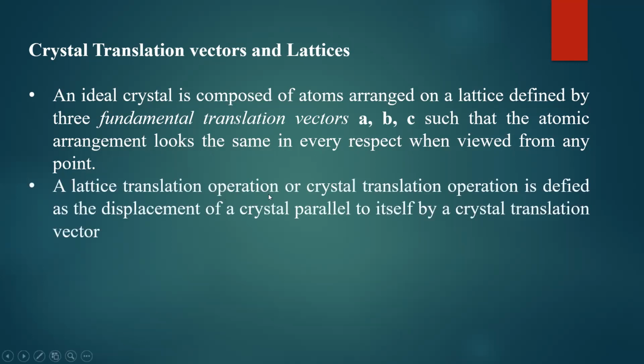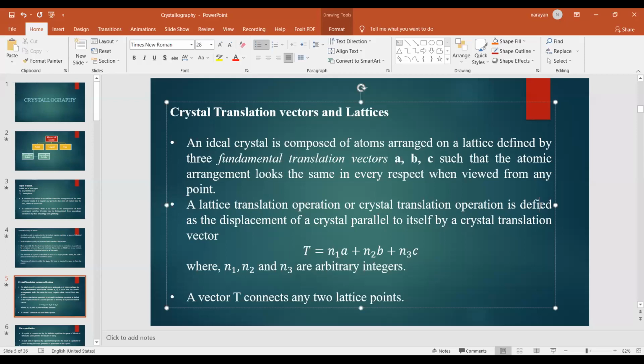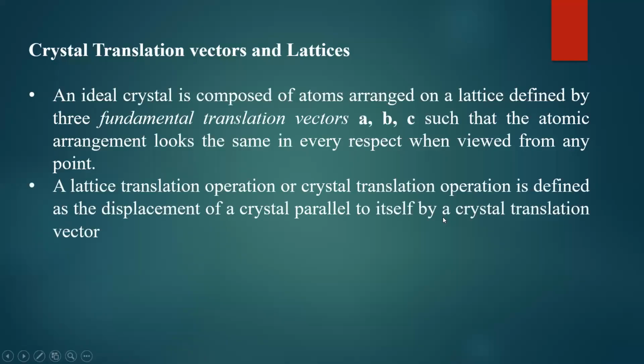A lattice translation operation or crystal translation operation is defined as the displacement of the crystal parallel to itself by the crystal translation vector. If you move the entire crystal from one position to another position, its structure will not change.